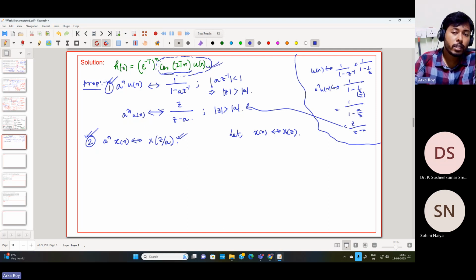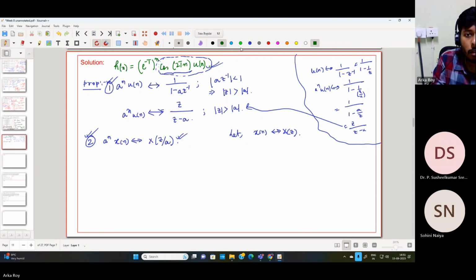And for that also, we need to proceed carefully, because directly finding the Z transform of cos 2t n could be difficult. So let me use some properties here also. Let's change the color of the pen. So let e to the power minus j 2n t, I can write it as e to the power minus j 2t, to the power n.